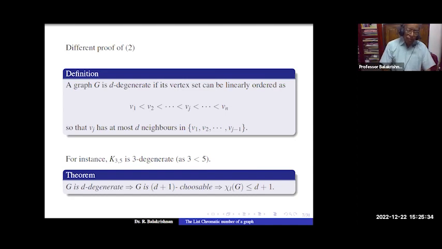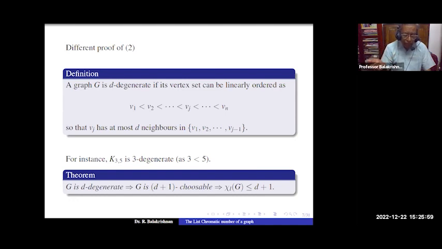That means it is not possible to give a proper coloring for this graph K_{m,m}. What about the number of colors that you have given to X? Suppose the number of colors given to X is less than k. Totally there are 2k minus 1 colors.